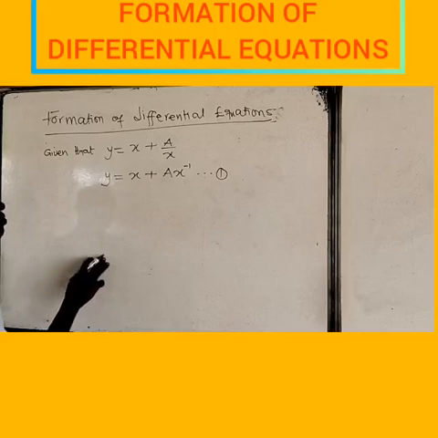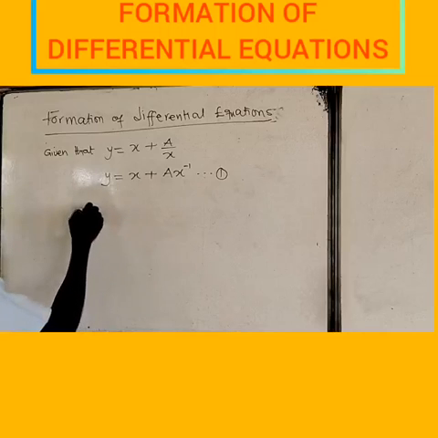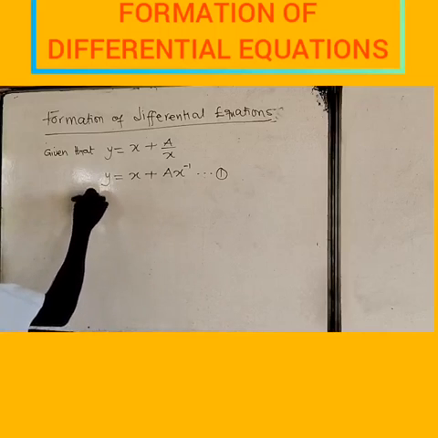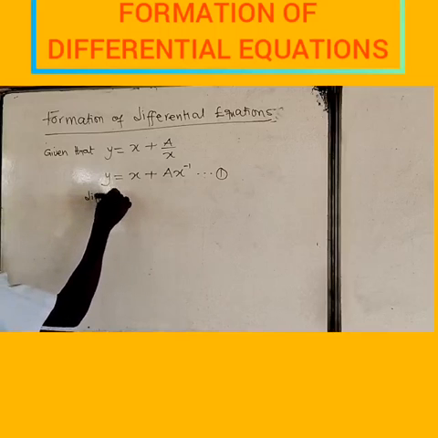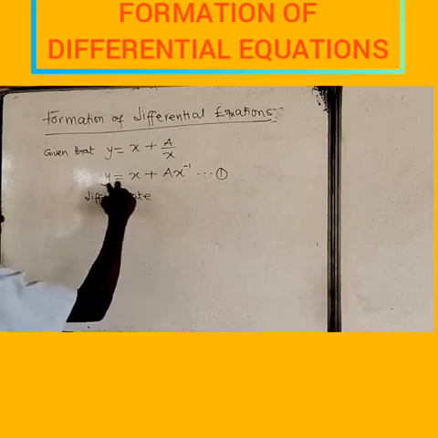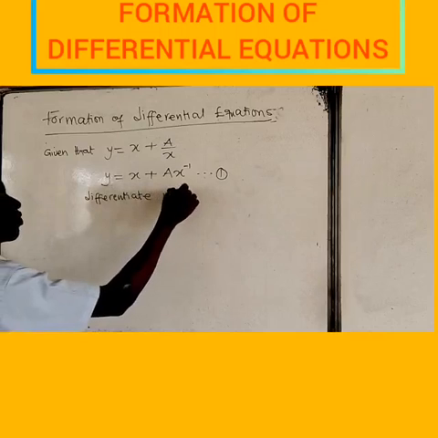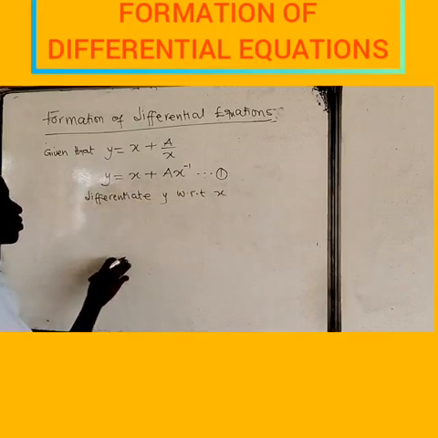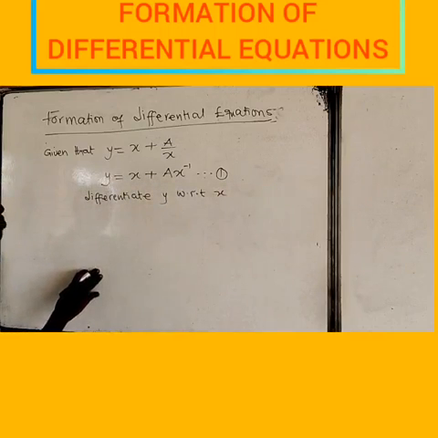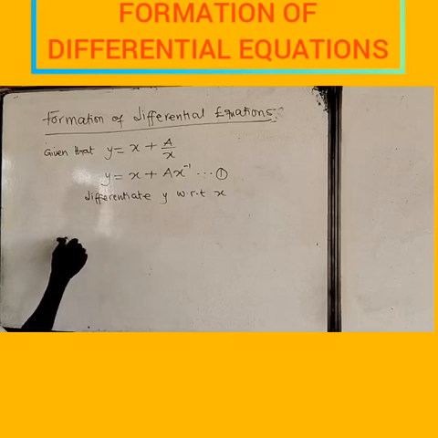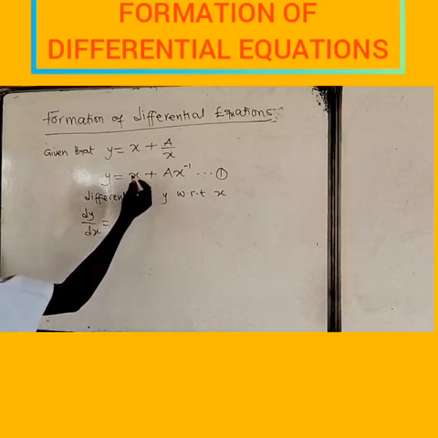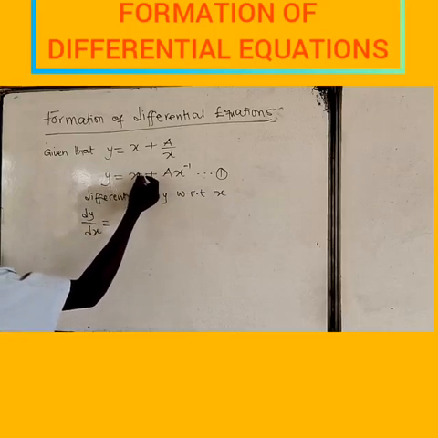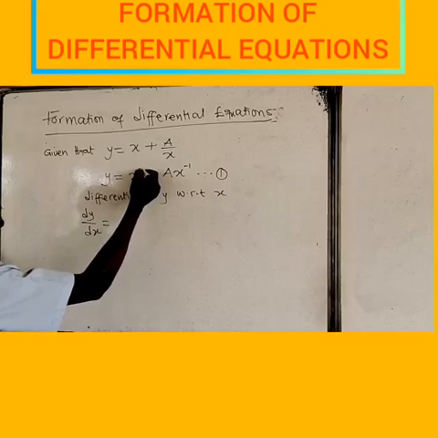Okay, secondly, what we do is we differentiate the dependent variable y with respect to the independent variable x. So if you differentiate y with respect to x, you will get dy dx is equal to, the first term on the right is x, which has a power.